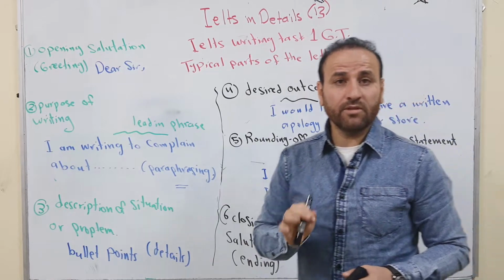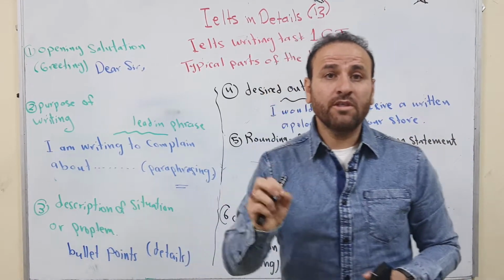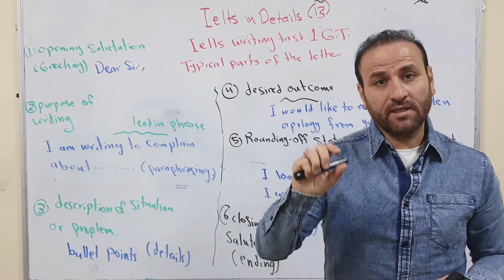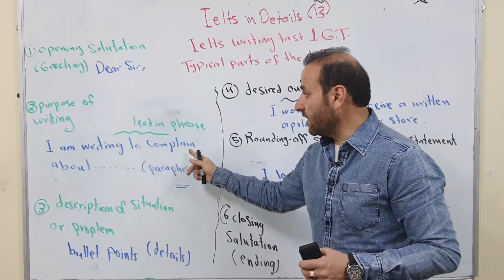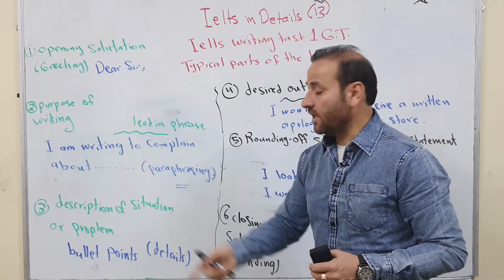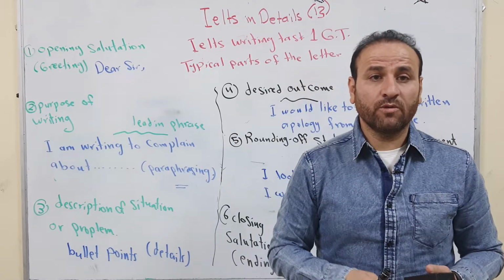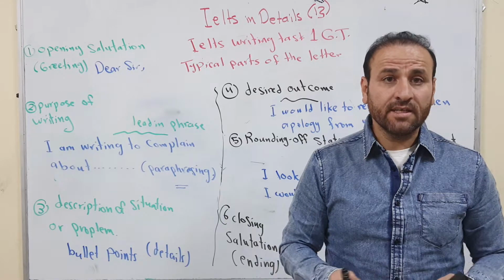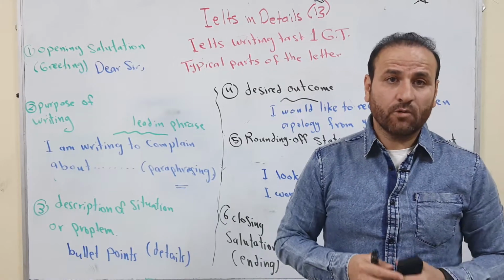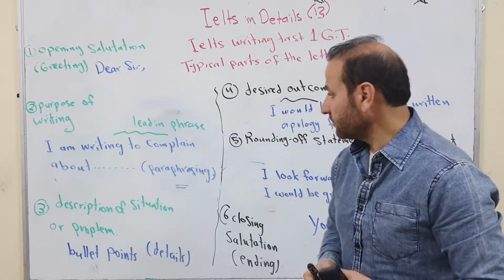A very important thing here is that we have to paraphrase. We don't need to write the same question words. After you write the lead-in phrase, such as I'm writing to complain, I'm writing with regard to, or I'm writing to invite you, you then have to paraphrase the question because this will affect your band score.